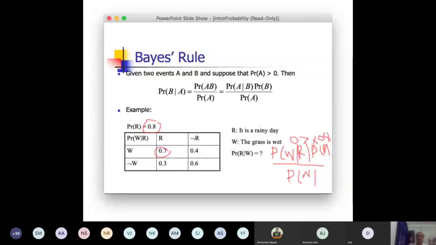Now we have to find out the probability of W. So how do you find it? What are the possibilities with respect to the happening of W? W happens when it rains, and also W happens when it does not rain.